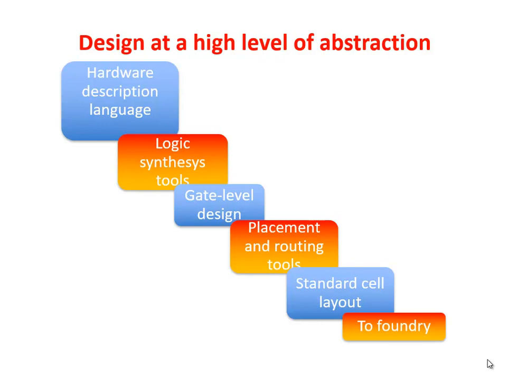But what happens is that sometimes the foundry also provides already the standard cells. So one can actually, let's say, split the role of the designers and the role of the foundry in this place.